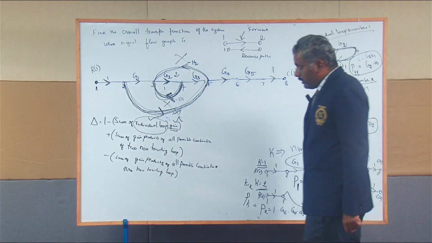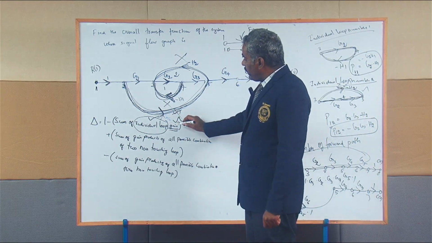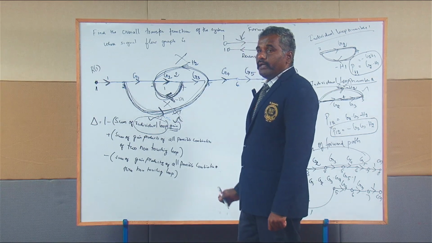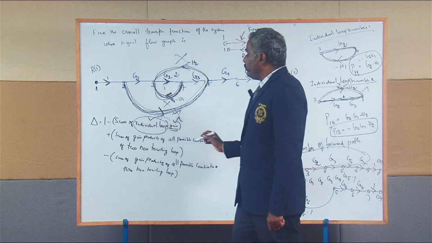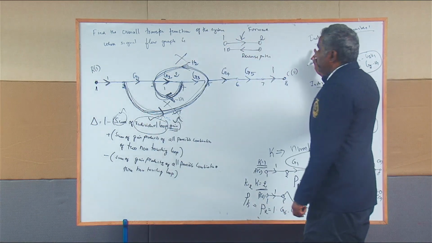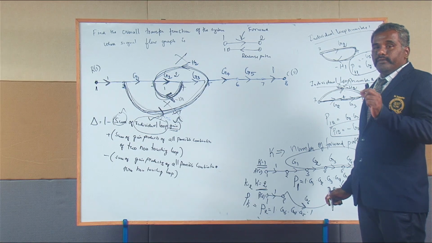After finding the individual loops and the gain values of the individual loops, you may mark them with a tick mark. After the overall findings of individual loop gain, you need to sum it. The third step is to sum. After finding individual loop numbers 1 and 2, you need to have the gain values.